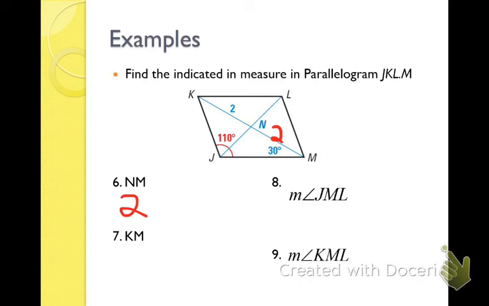Carly, how would I find JML? Add 30 to 30? That's some misinformation there, because these angles don't bisect each other.